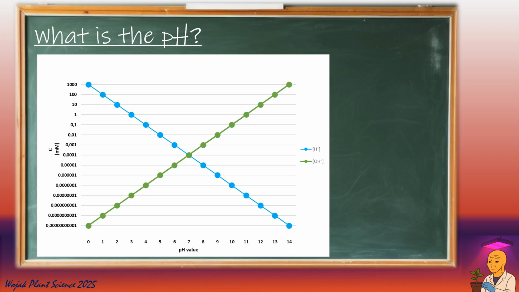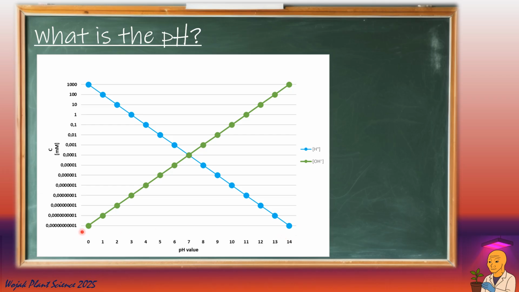Okay, so in the last video I said I want to briefly explain to you what a pH is. You see this chart here, and on the left side we have concentration in millimolar, and at the bottom we have the pH value from 0 to 14.